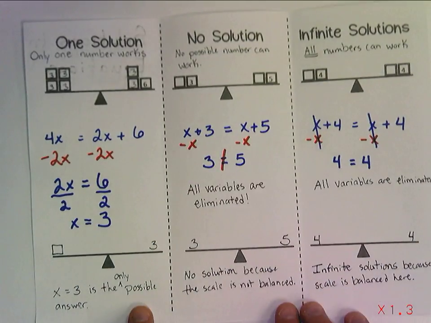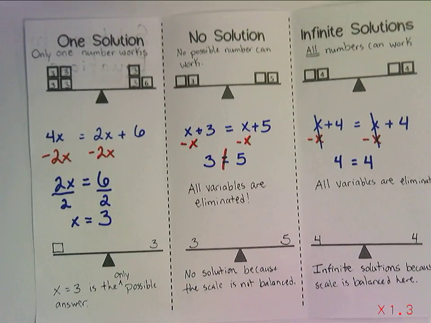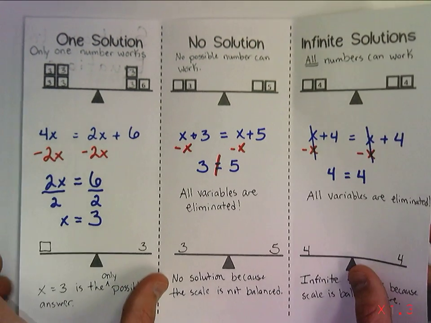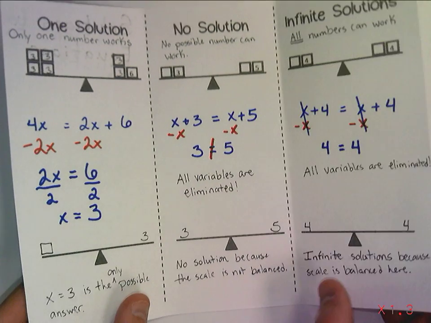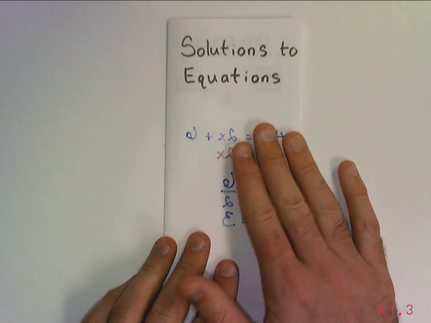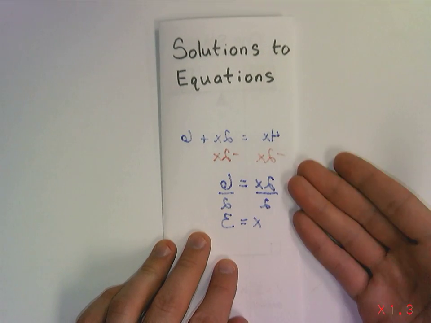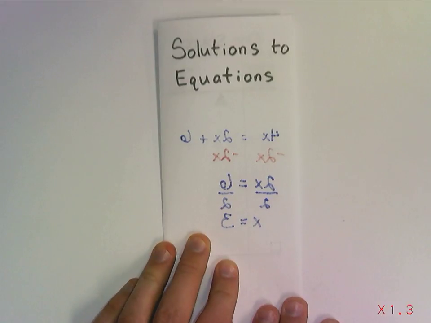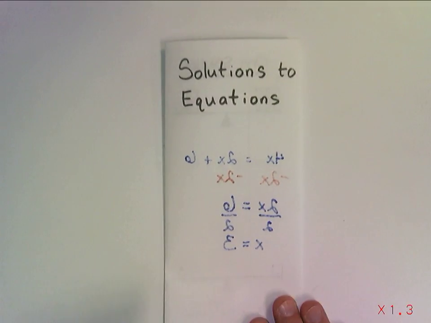And that basically sums up what solutions to equations are. You can have the one solution, no solution, or infinitely many solutions. So make sure that this foldable gets put into your notebook. Be a great reference, not only for solving equations now, but in the future when we get into other topics, this will come in handy.